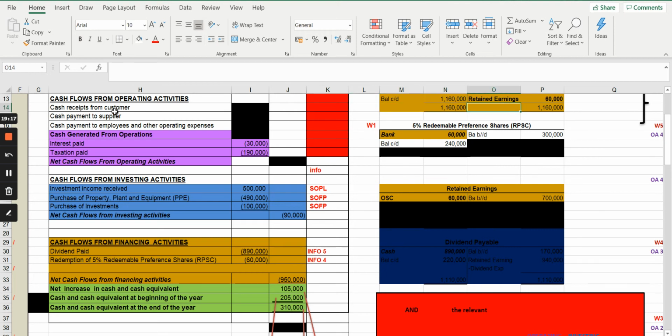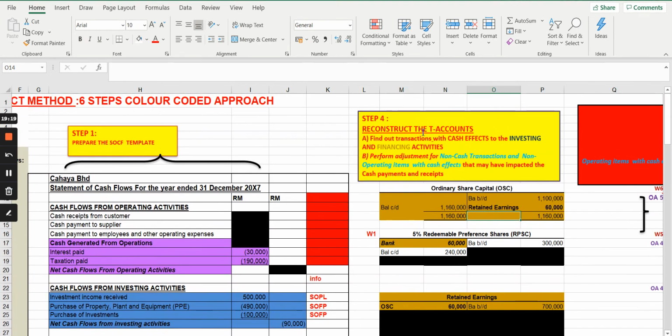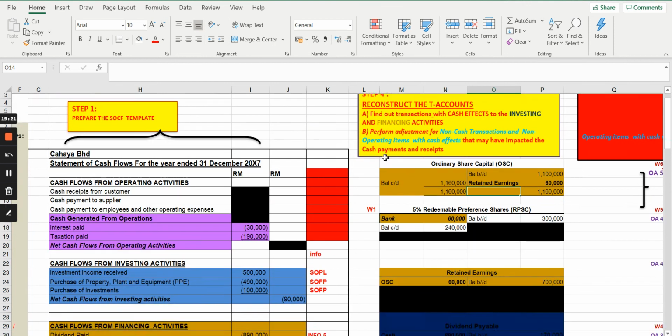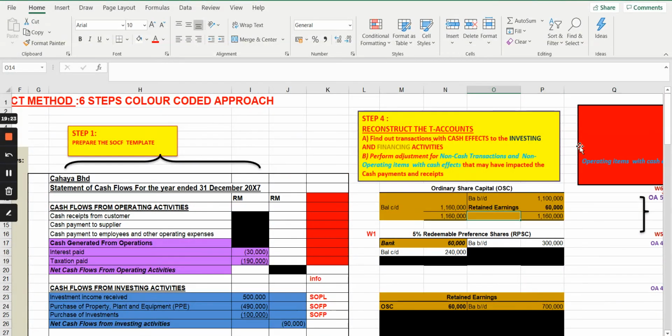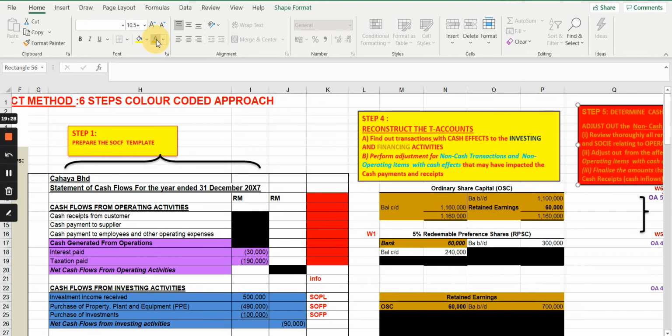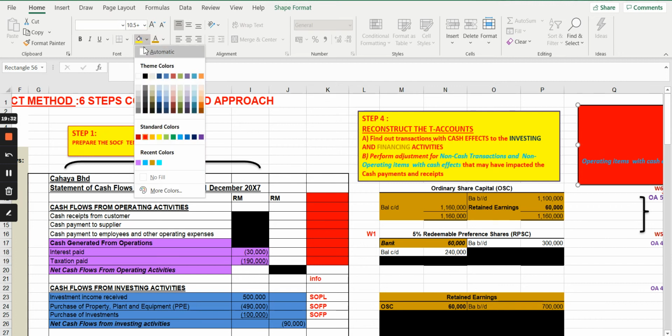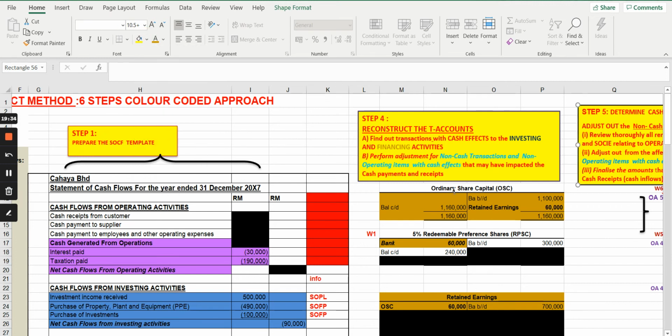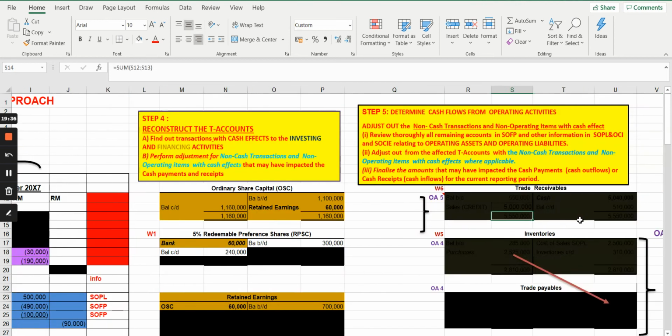To do this, we have done step 4 and now we are doing step 5, which is to do things for cash flow from operating activities. This is not investing. So step 4 was to find out cash flow from investing and financing. Step 5 is to find out cash flow from operating.